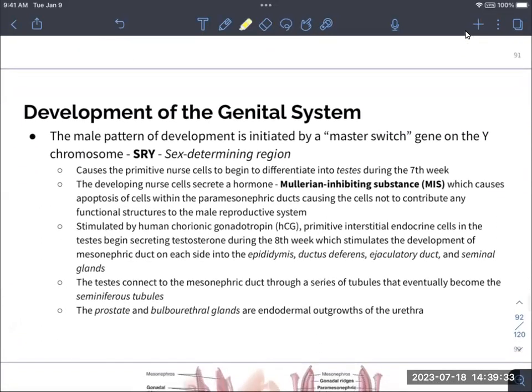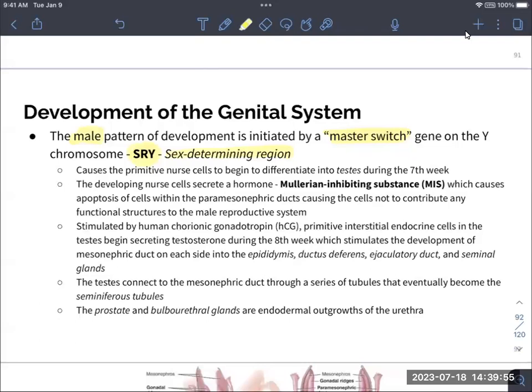Here is where the master switch comes in. On the Y chromosome, there is the SRY, the sex determining region. This is only found on the male Y chromosome.